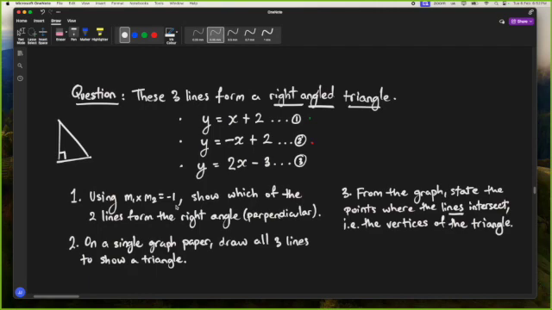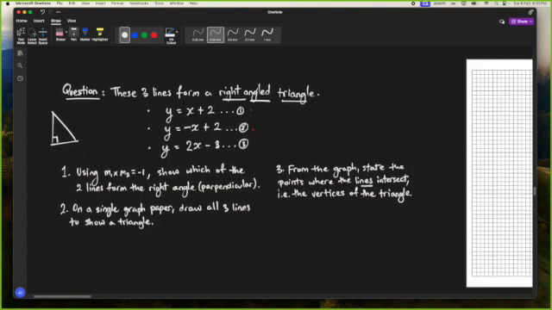Nice. We can see that there. So immediately, using m1 times m2 is equal to minus 1, when you multiply the gradients, it shows which of the two lines form a right angle.